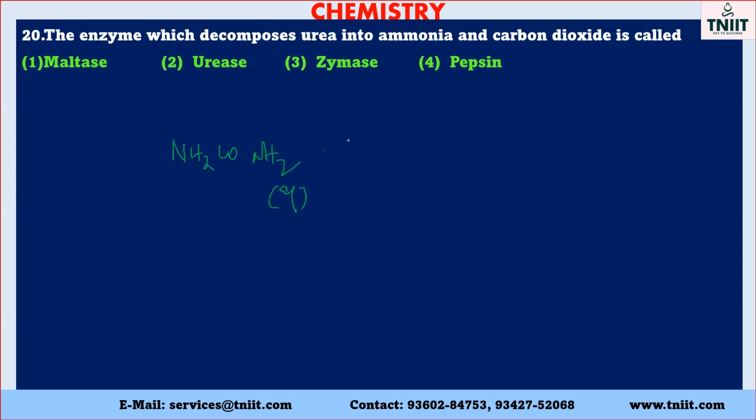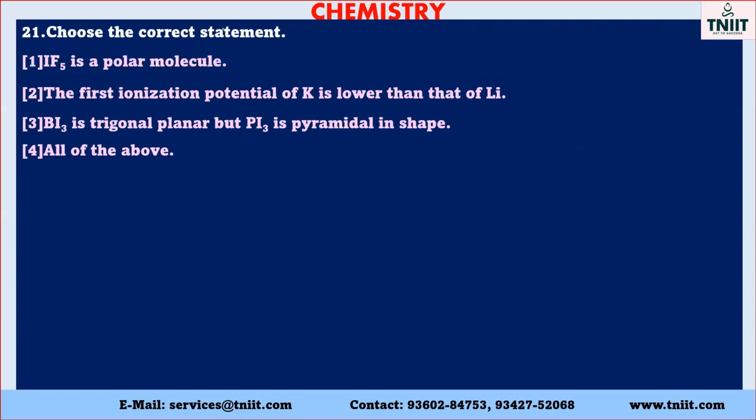Aqueous urea and water, in the presence of enzyme urease, decomposes to give ammonia and carbon dioxide gas. So urease is the enzyme which decomposes urea to ammonia. Therefore, the answer for this question is option 2.